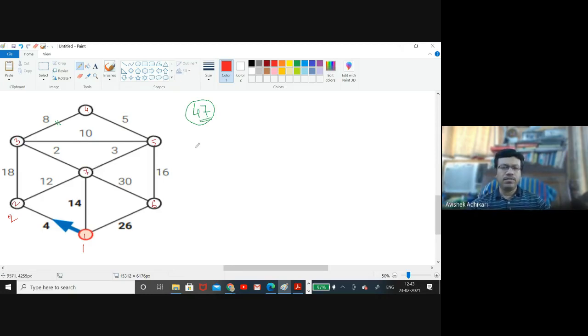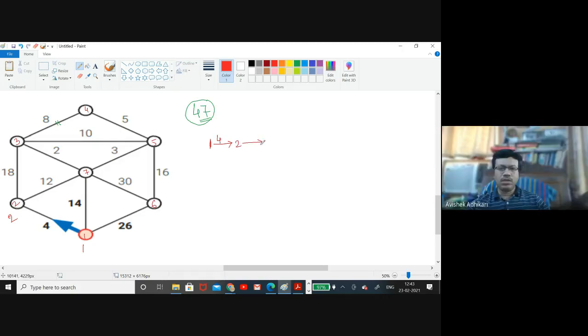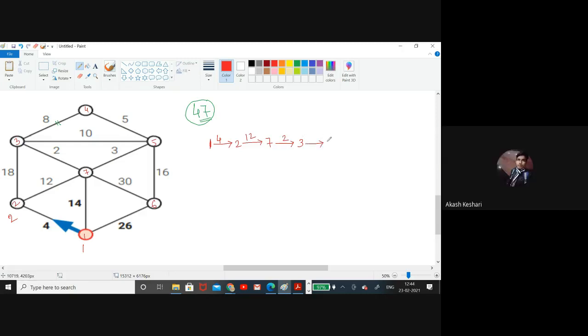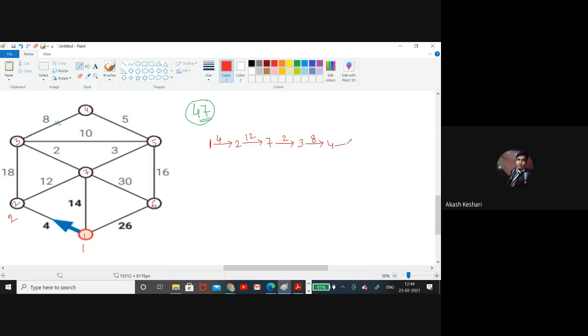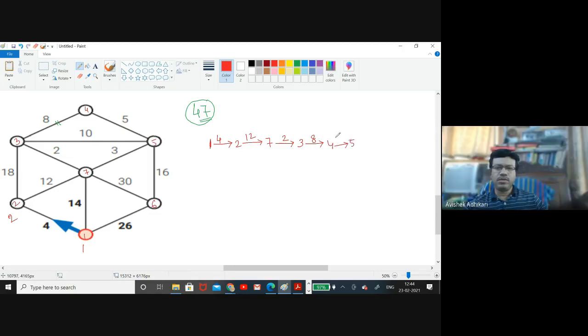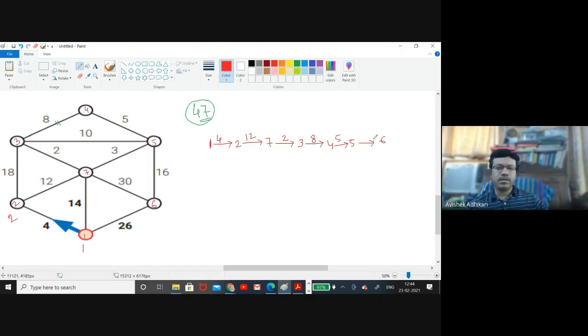Now tell me, from 1 to 2, you started with 1 to 2, the cost is 4, then 7, then 7, the cost is 12, then 3, the cost is 2, then 4, the cost is 8, then 5, the cost is 5, and then 6, and 6 is 16.